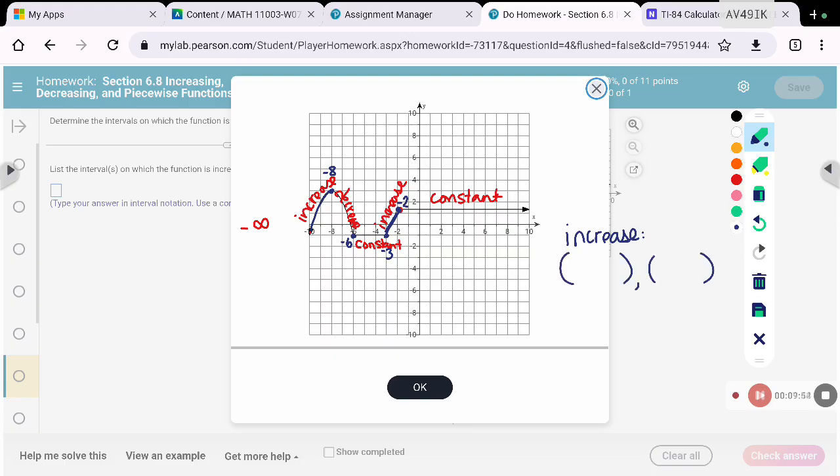The first increase starts all the way from the left at -infinity until it gets to that first change of direction, which is -8. And then there's another increase that starts at -3 and increases until it goes to -2.